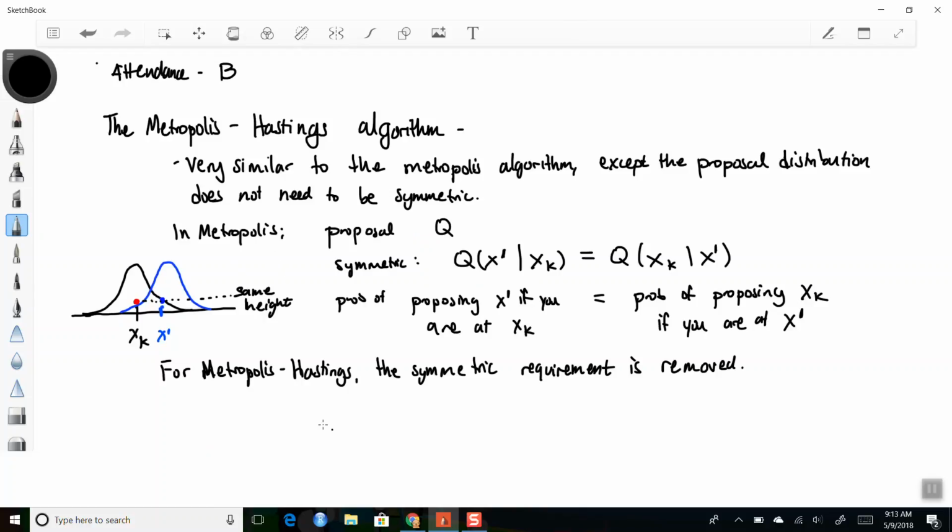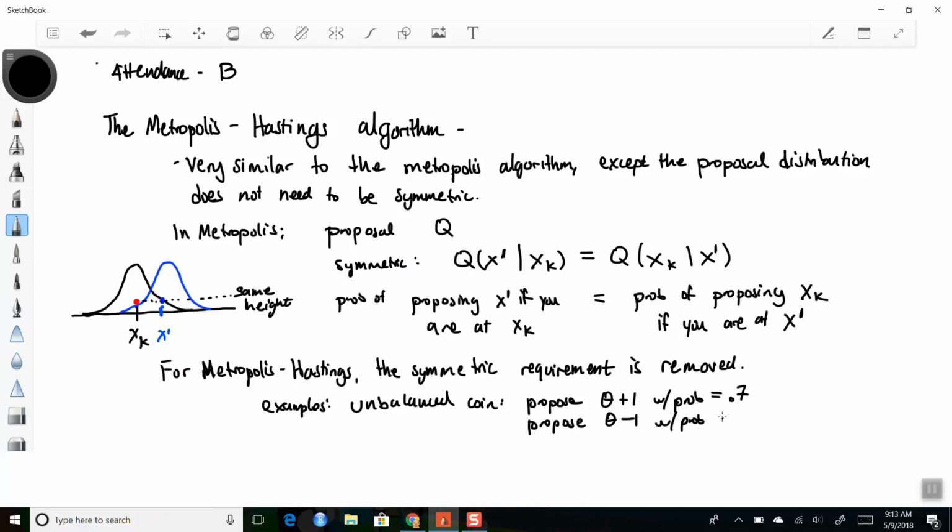For the Metropolis-Hastings algorithm, some examples could be an unbalanced coin. So you propose theta plus 1 with probability equal to 0.7, and you propose theta minus 1 with probability equal to 0.3, or something like that.